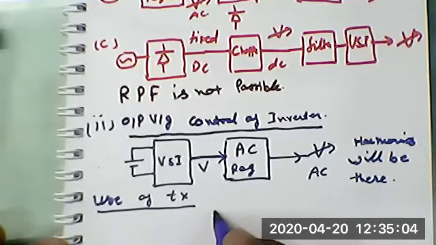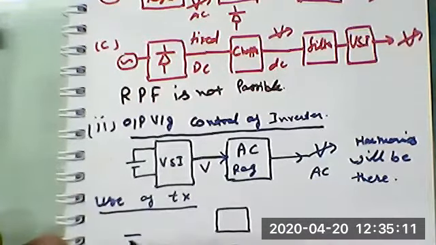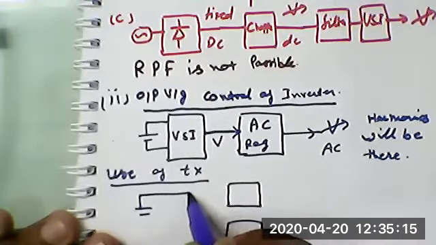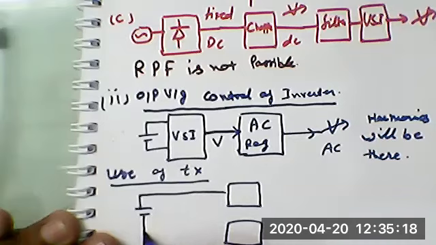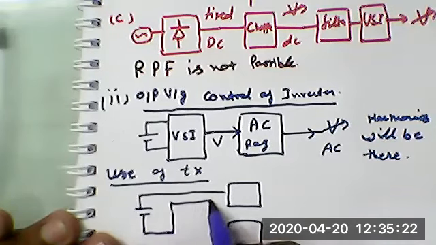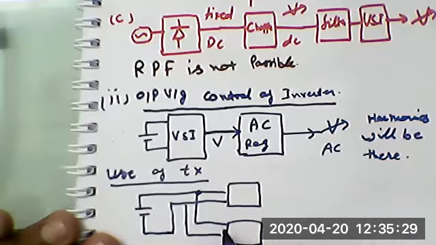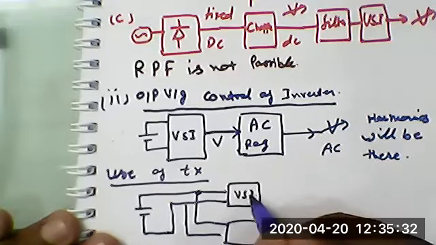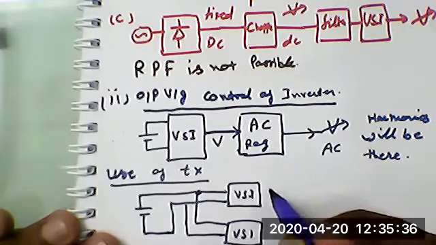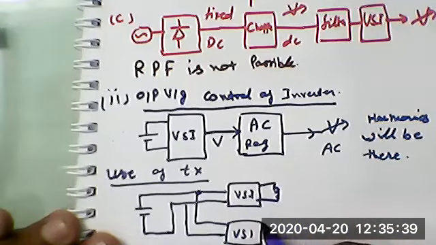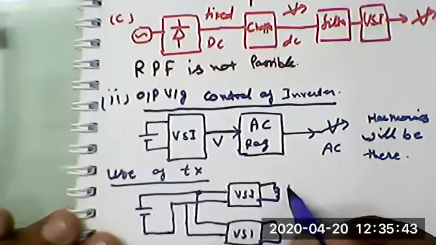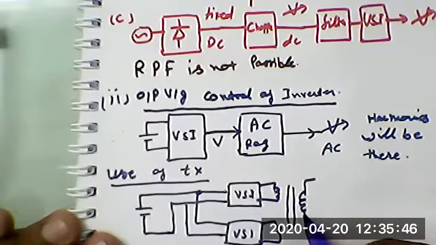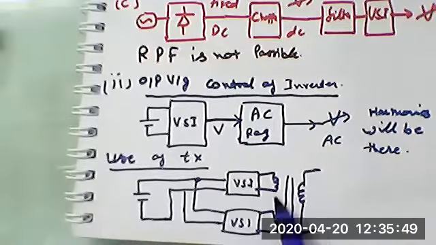Suppose you have a DC voltage, and with the help of this DC voltage you are running two inverters, and these are VSIs. The output is going through a transformer, which has two primary windings and one secondary winding.